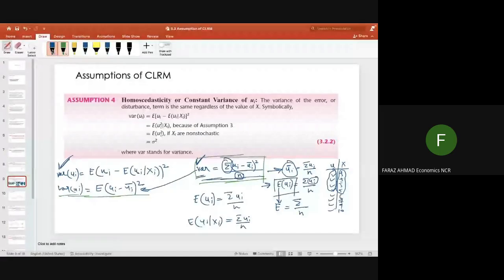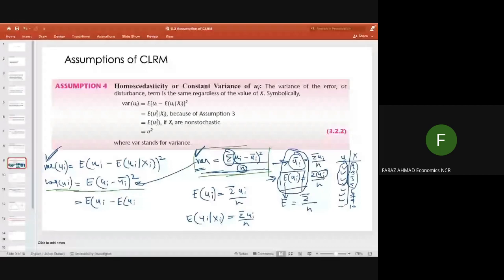So when you get this, now let me write this same thing here and let me replace u bar with this thing, because they are interchangeable, right? So instead of u bar, I am writing expectation of u.